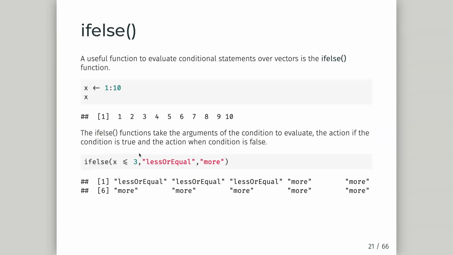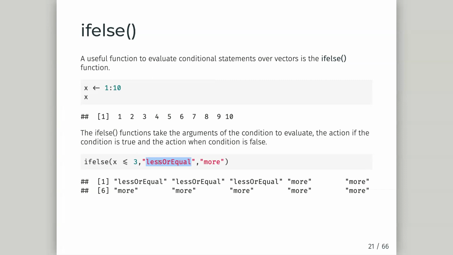A really nice, useful function, or I find it a useful function, is ifelse. So ifelse is a way of evaluating conditionals, giving us a result. Here we have a vector 1 to 10. And ifelse takes the logical we want to evaluate, and if it turns out to be true, it's going to return this first result.